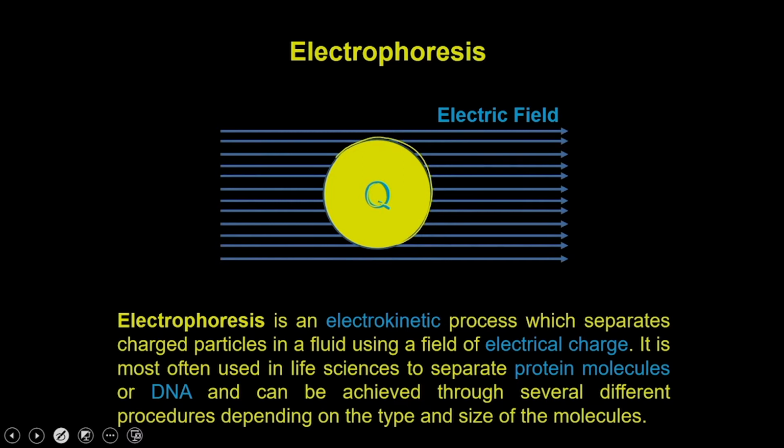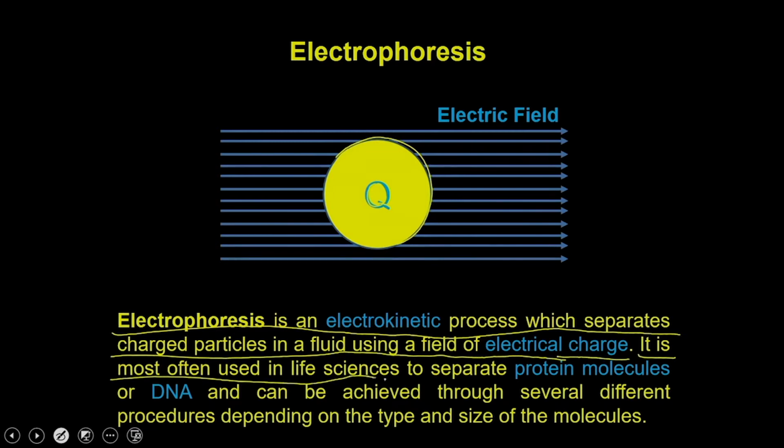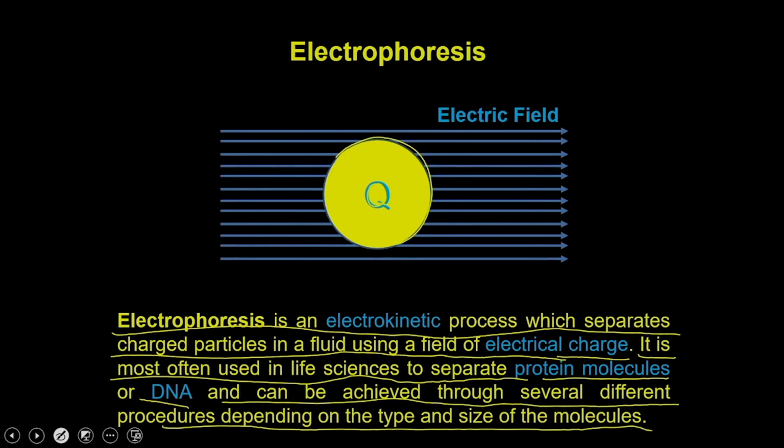Electrophoresis is an electrokinetic process which separates charged particles in a fluid using an electric field. It is most often used in life sciences to separate protein or DNA molecules and can be achieved through several different procedures depending on the type and size of the molecules.